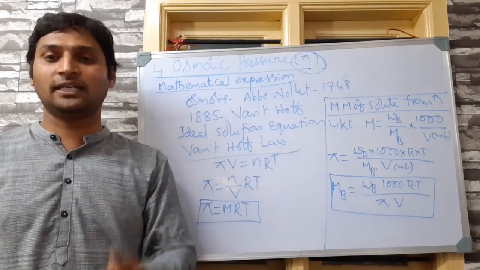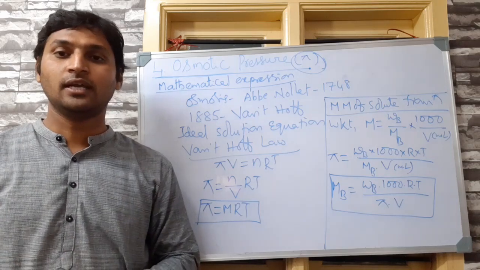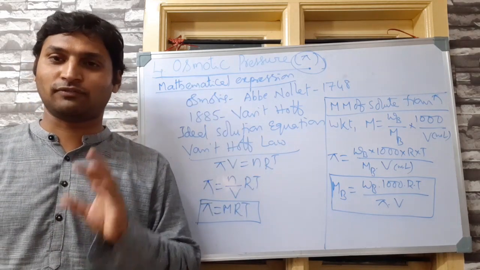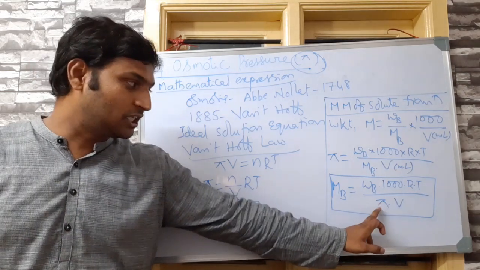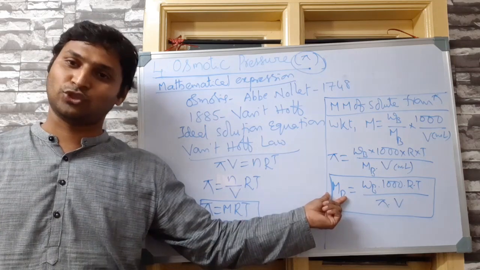How they experimentally determine osmotic pressure will be my next topic. I'll come to it. After determining experimentally the osmotic pressure of that solution, they substitute all the values here and obtain the molar mass of solute.